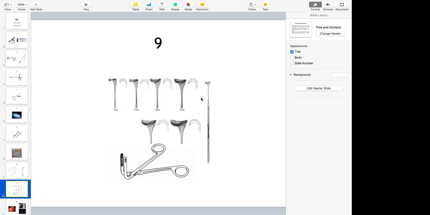Now, what is the prerequisite for extracorporeal shockwave lithotripsy? A DJ stent can be placed. Prerequisite: there should not be any distal obstruction. What will happen if there is distal obstruction? Steinstrasse.